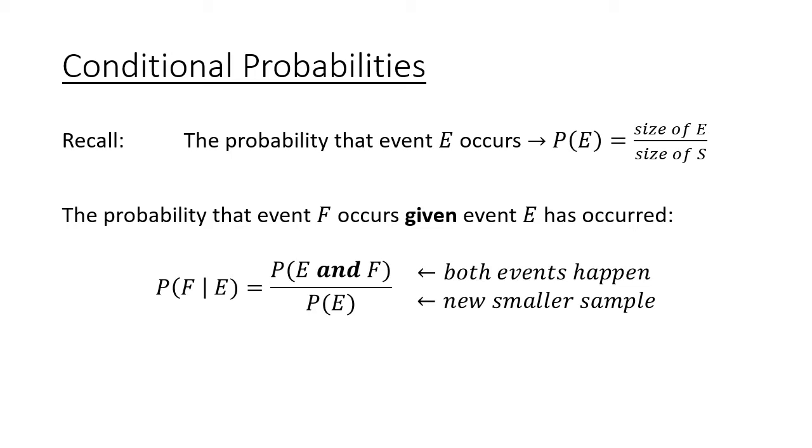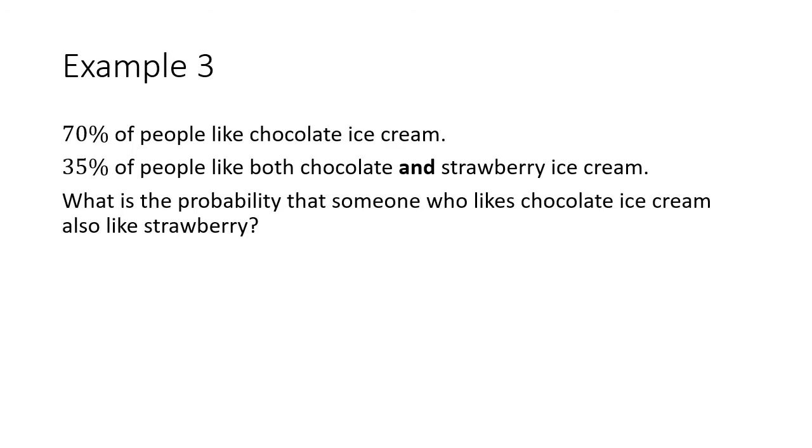That's the key part here: the top part now is the probability of E and F. I need them both to have occurred. Even though my sample space is the probability of my given, my event is that the given event happened and the new thing that I'm looking at has also happened.